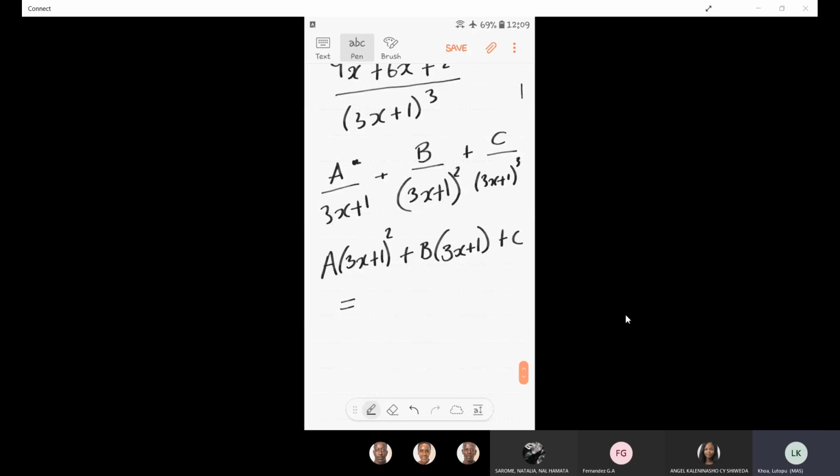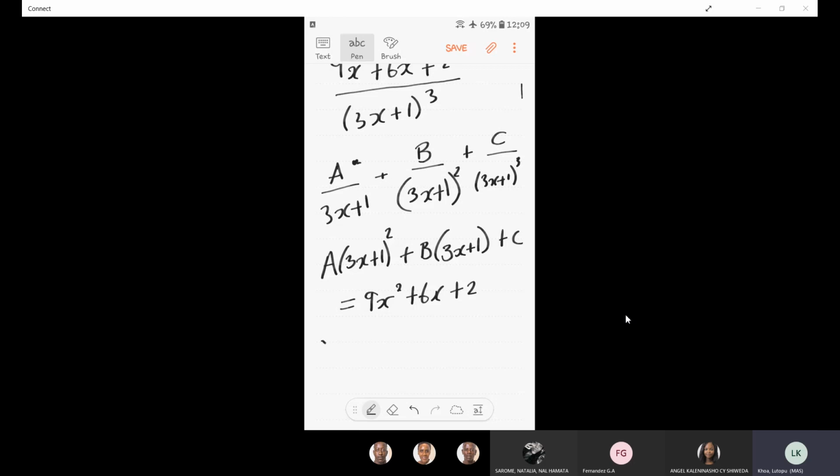And the new right-hand side should still be equal to 9x squared plus 6x plus 2. So that's what I have.